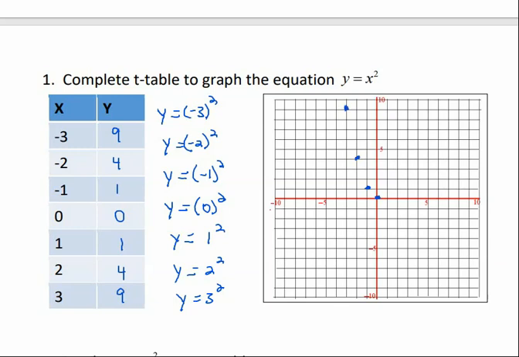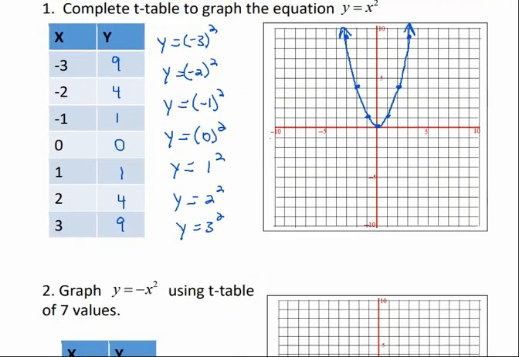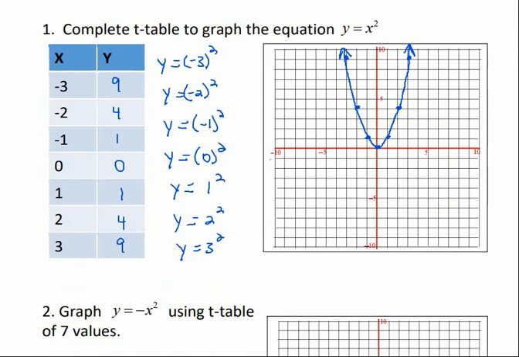Then I have a positive (1, 1), a positive (2, 4), and a positive (3, 9). And then if I just connect these dots, I have the graph of my parabola. So that's the parent function. That's what that most basic function looks like.